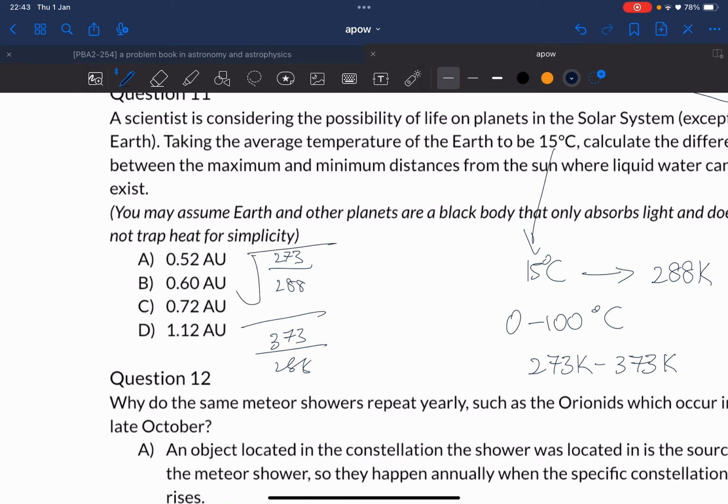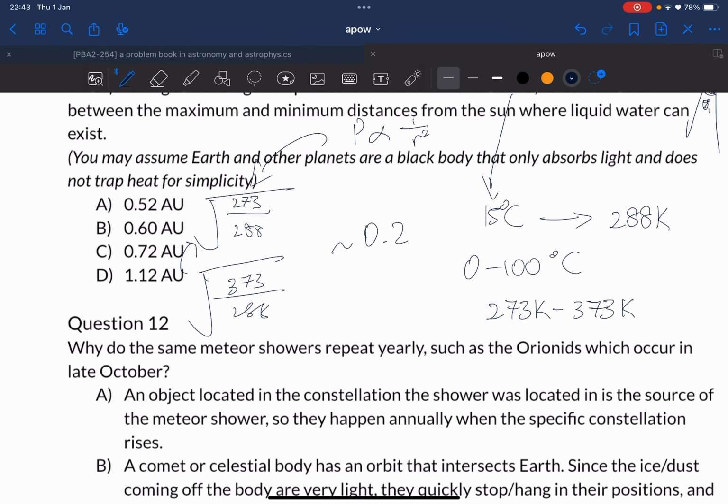Then we need to square root this, because the power received is inversely proportional to the distance to the star, so the amount of heat received goes with that. After square rooting, we get some values, and last I checked, the difference between this and that is about 0.2 AU approximately.